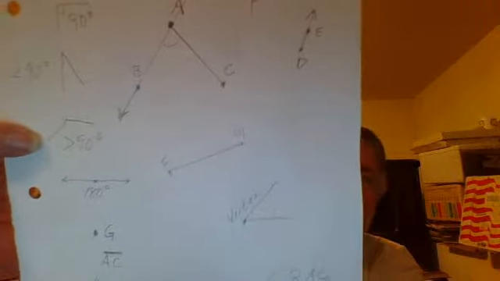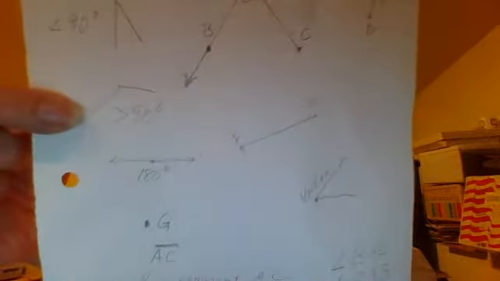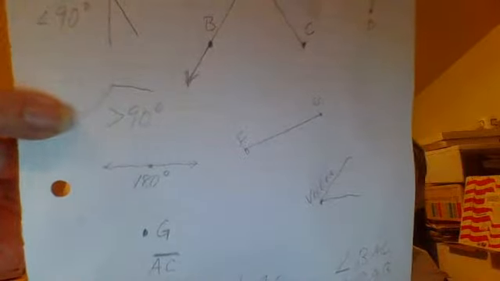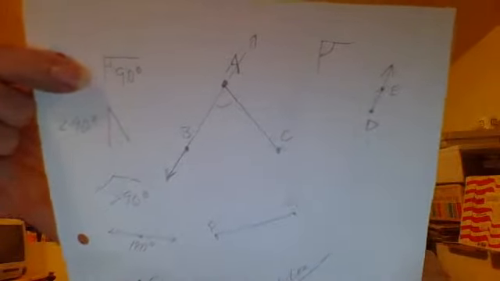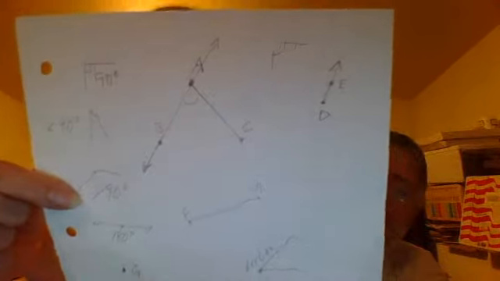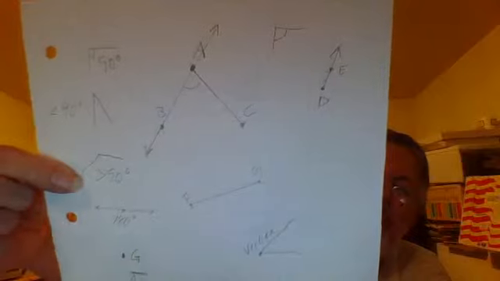Here is an obtuse angle. It's duller than a right angle, which means that it's greater than 90 degrees.